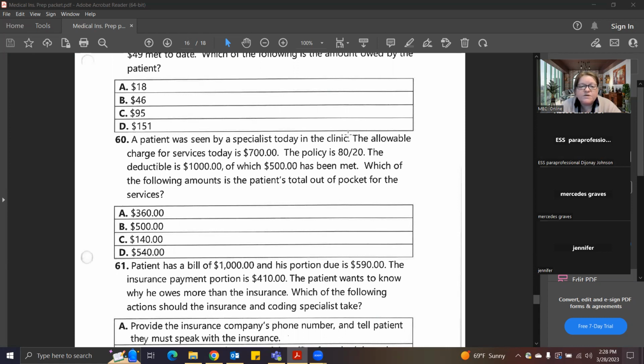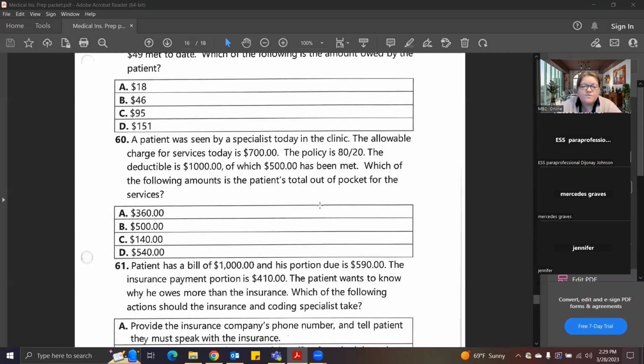All right. So the allowable charge is $700, and we have $1,000 deductible, of which $500 is paid. So they still owe $500 on their deductible, right? They still owe half of that. And the policy is 80/20. But insurance is not going to pay 80 until that deductible is met.